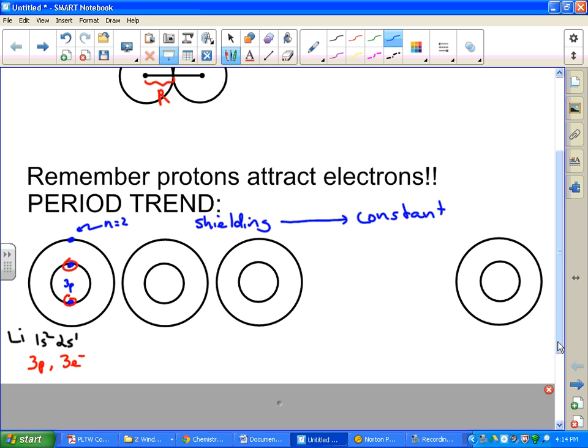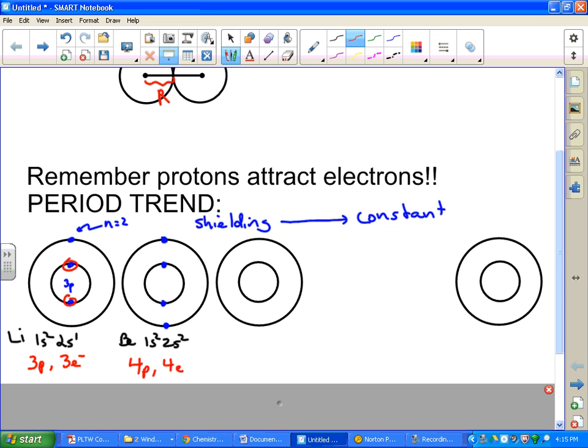So let's look at the next element. We've got beryllium. Beryllium is 1s2, 2s2. So now we've got 2 inner core electrons, same, so shielding's roughly the same. But now we have 2 valence electrons. You might say, well, with 2 electrons maybe that's bigger. Well, not really. In this beryllium atom, we now have 4 protons, 1 additional proton than before, and we have 4 electrons.